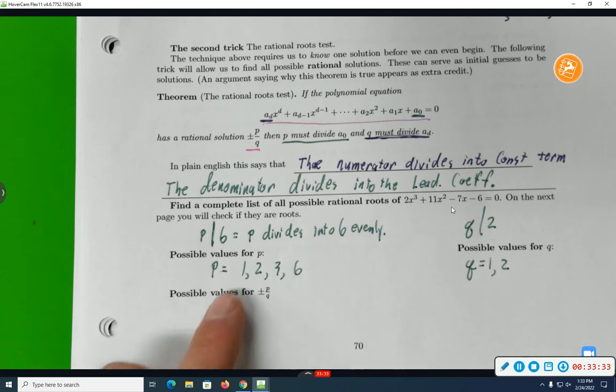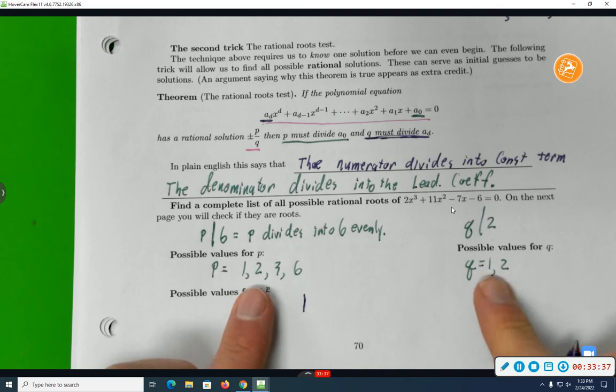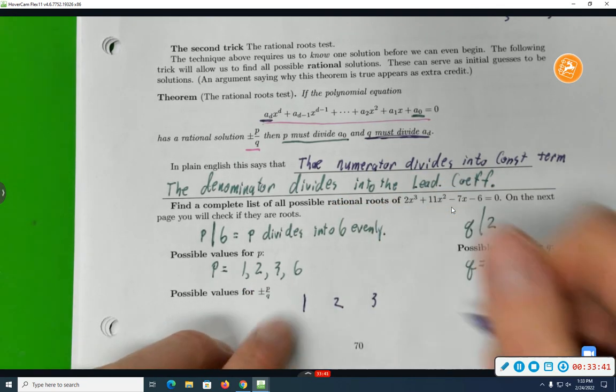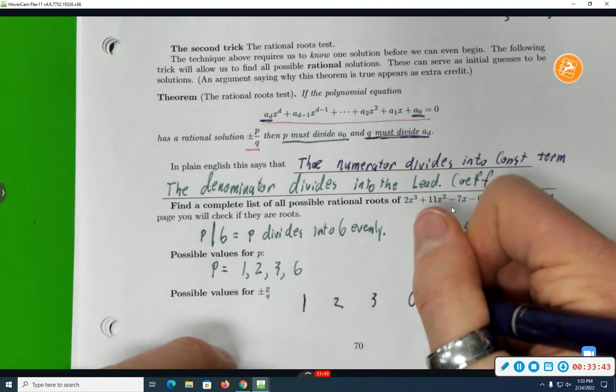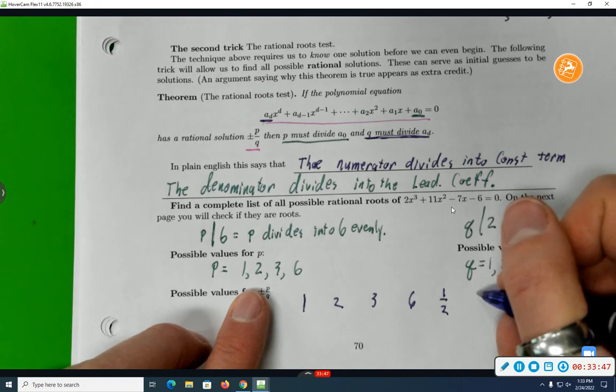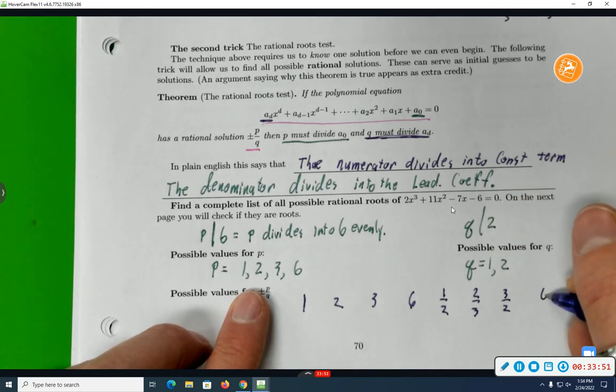So let's see. It could be 1 over 1. That's 1. 2 over 1 is 2. 3 over 1, 6 over 1, 1 over 2, 2 over 2, 3 over 2, 6 over 2.